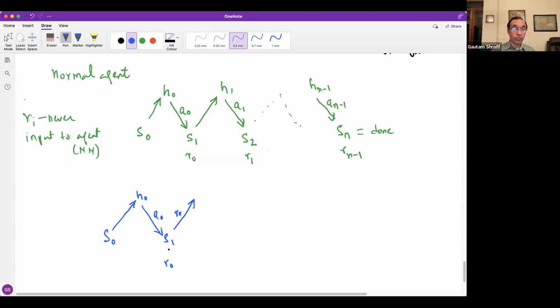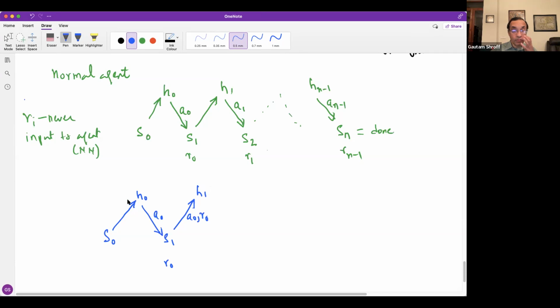So you not only take the state S1 to compute H1, you also have to remember that you took action A0 and got reward R0. That also goes in. So the network gets the new state. It also gets what happened last time.